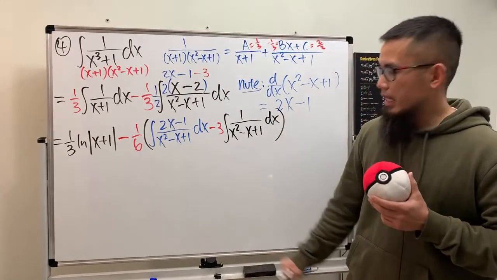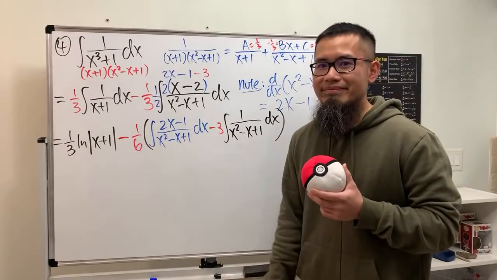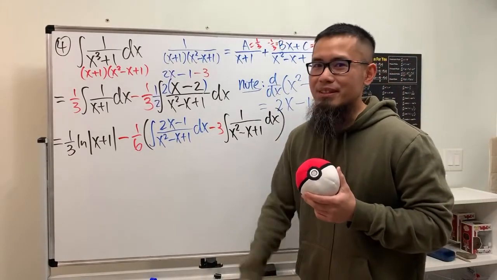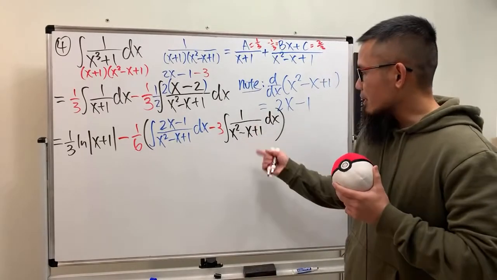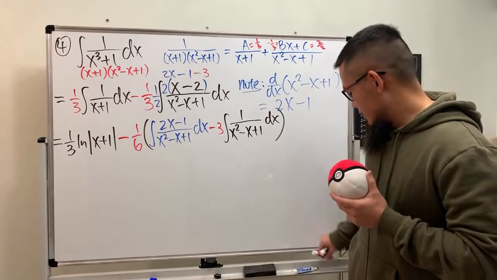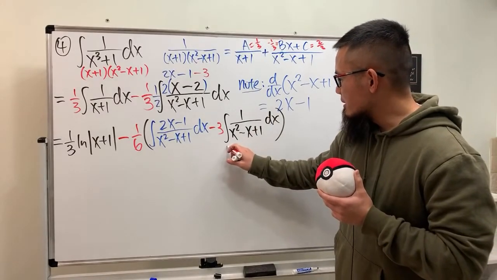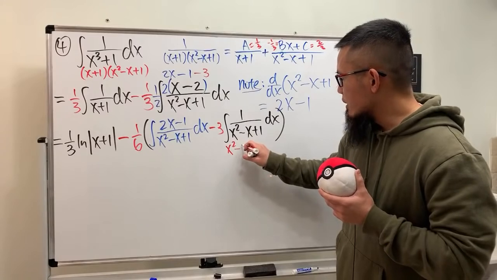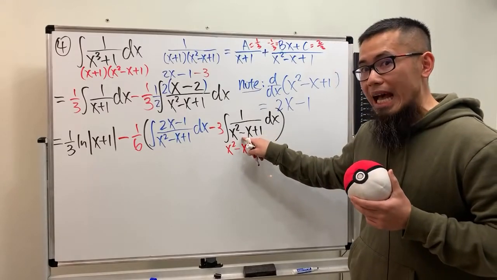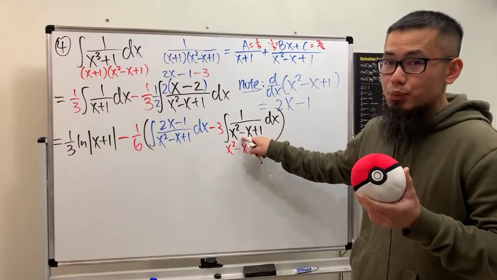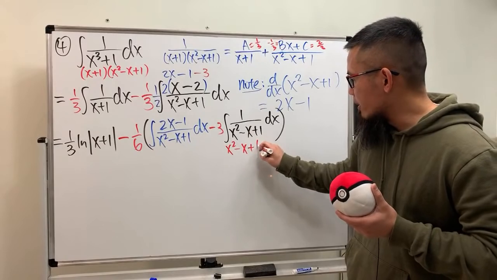All right. This right here, again, we can do pretty easily. We have to do completing the square as well, just like what we did in the previous question. Let's do it in red. This is the same as x squared minus x, and then take 1/2 of this, which is negative 1/2. Square that is 1/4. So you want to see a 1/4 here.